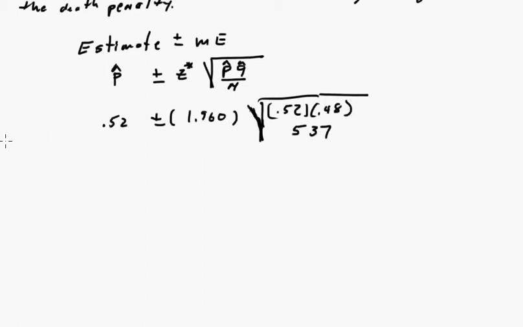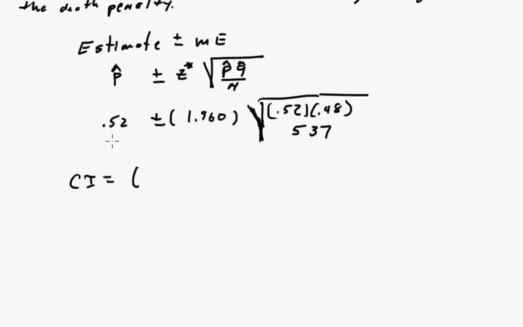Okay, so what we get, the confidence interval is going to end up being 0.52 minus this margin of error. Let's see, I can do this real quick on my calculator. I'm going to do the square root of 0.52 times 0.48 divided by 537 equals 0.0216.